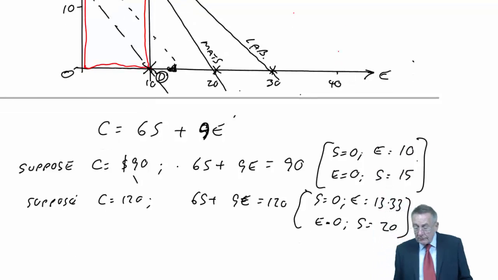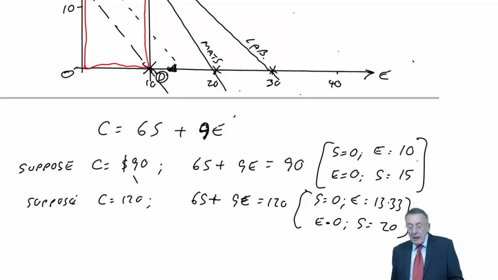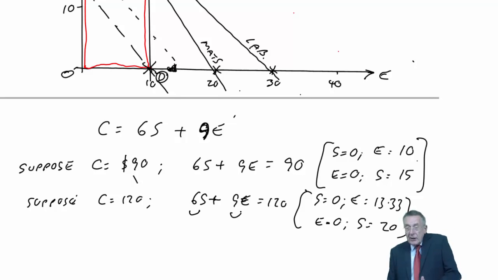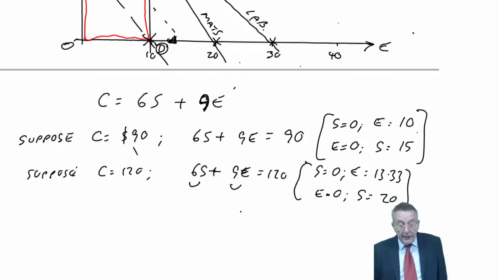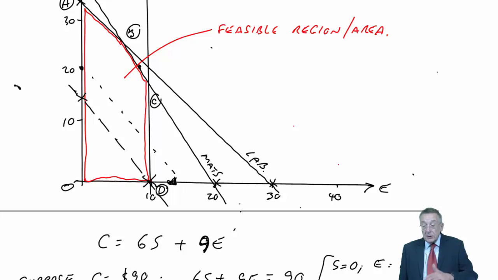I think you should know that what determines the angle of the line, whatever the value of C is, the angle is determined by the 6 and the 9. And so whatever C turns out to be, whether it's 90, whether it's 120, 200, 500, whatever it is, the angle of the line would be the same. The angle, the slope, the gradient.